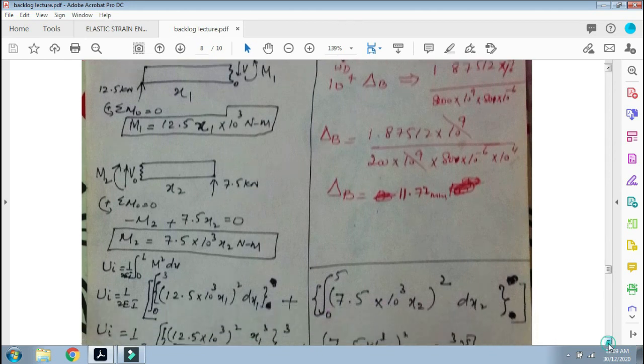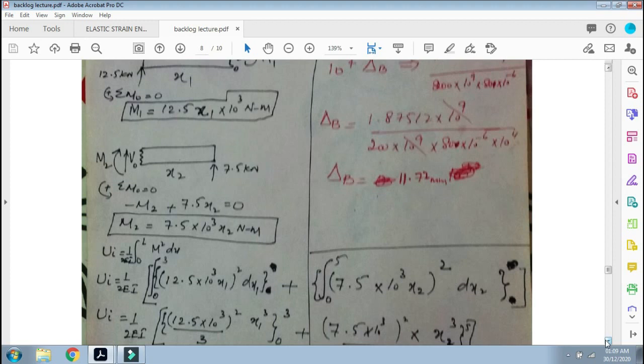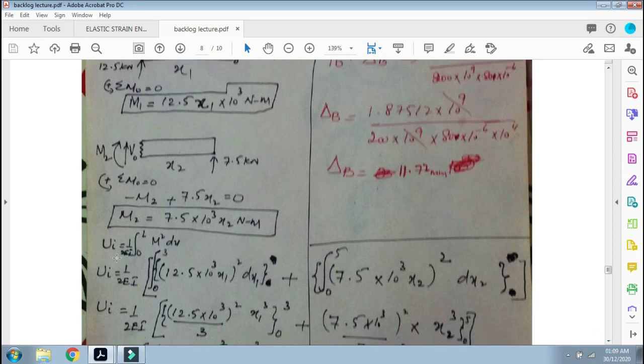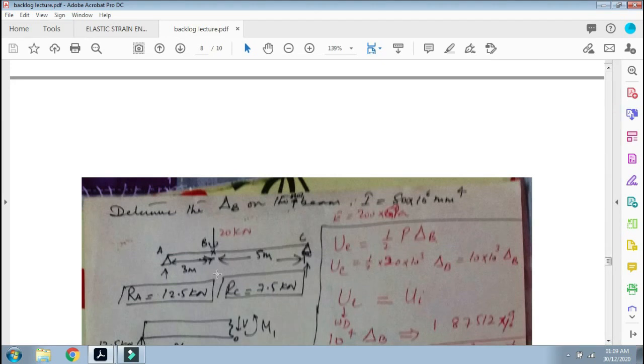Now what you do is you apply the formula for the internal bending strain energy, which is the integral from 0 to L of M squared dx over 2EI. So for the first one, it will be from 0 to 3, and the other will be from 0 to 5.